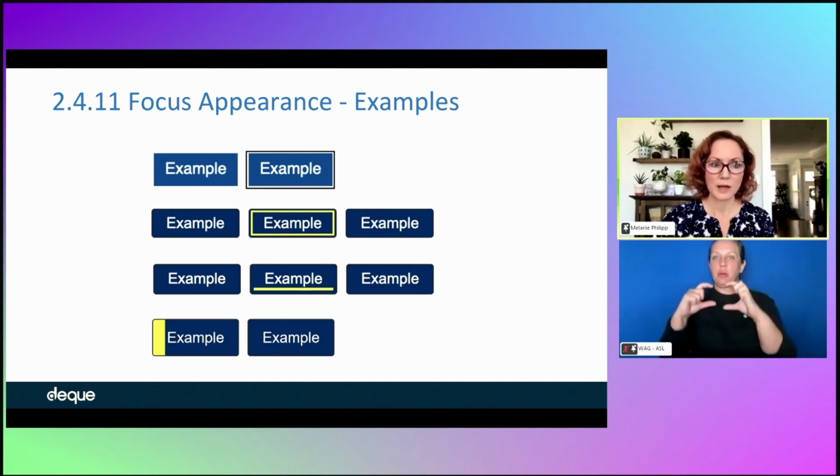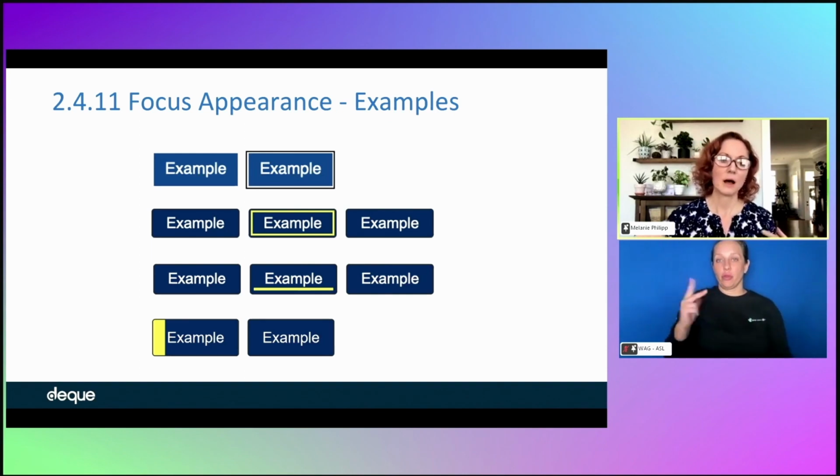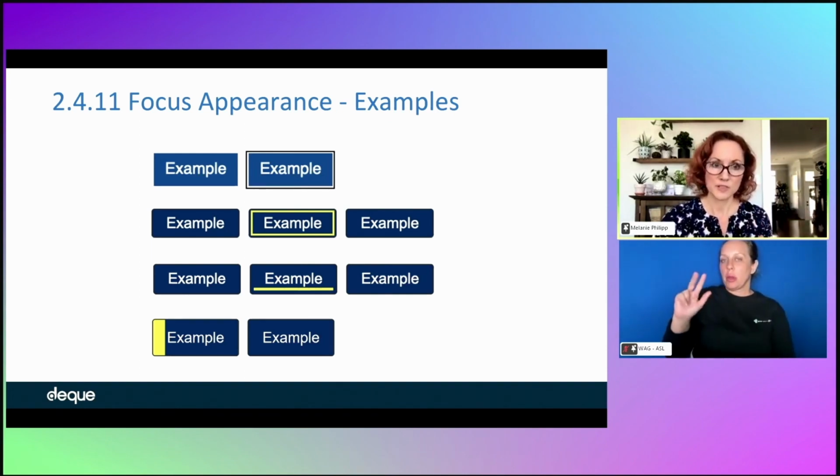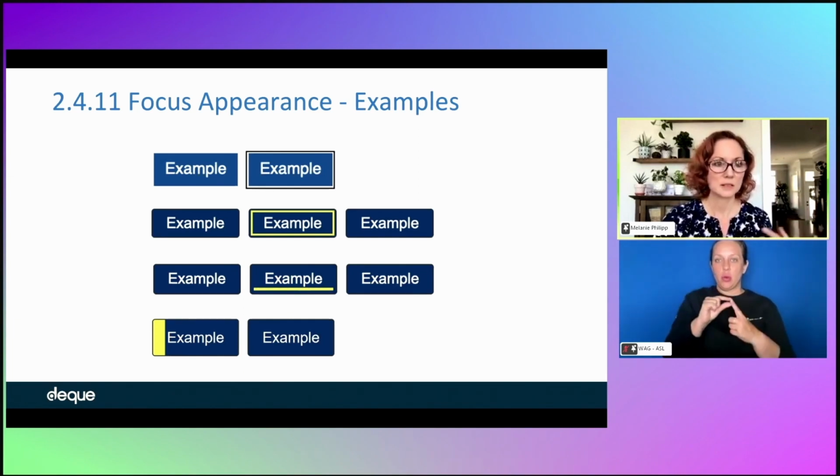The yellow has good contrast against the blue, and it also has a 2 pixel thickness in order to meet the requirement for the size or area of the focus indicator. The third example has the focused button with a 3 pixel yellow line overset the button and underneath the text. Again, good contrast and adequate size for the indicator.